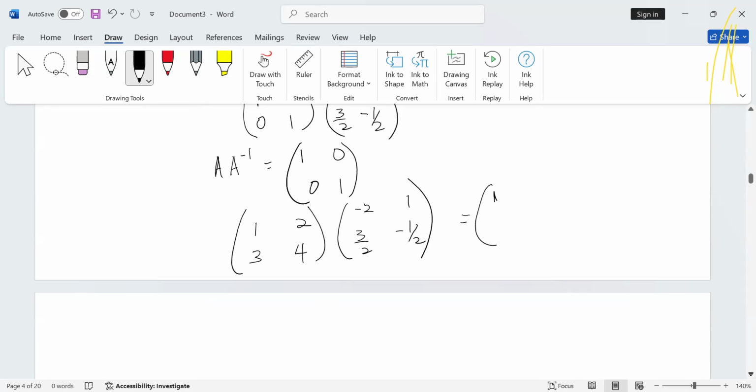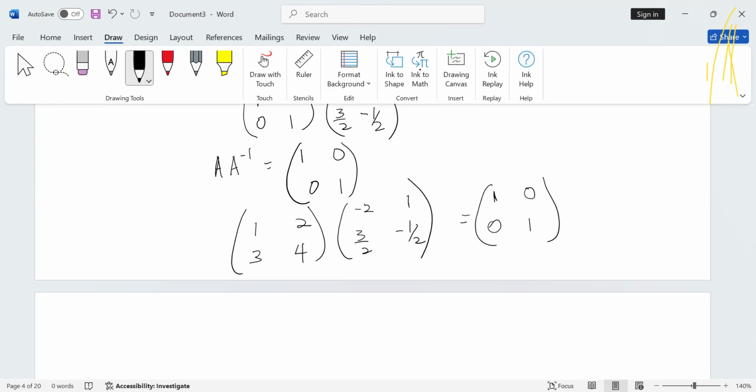So minus 1 plus 1 times 1 is 1 plus 2 times this is minus 1. So 1 plus minus 1 is 0. 3 times that is minus 6 plus 4 times that. 4 times this is 6, minus 6 plus 6 gives you 0. 3 times 1 is 3 plus 4 times this is minus 2. 3 plus minus 2 just gives you 1.